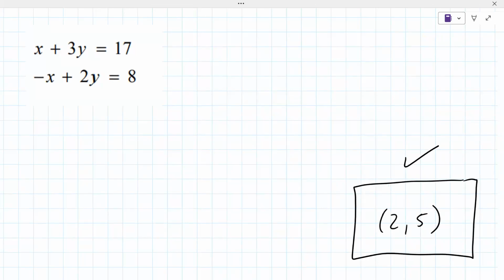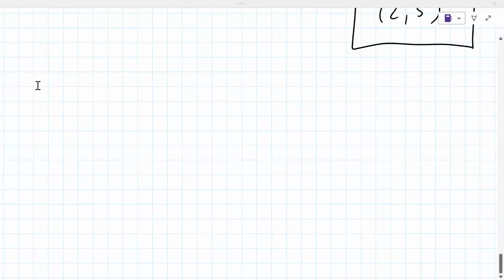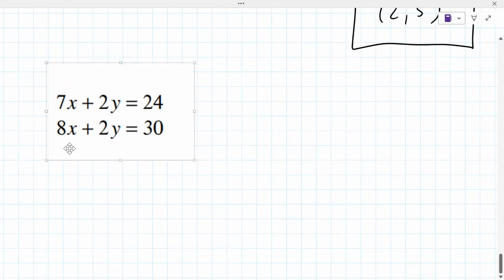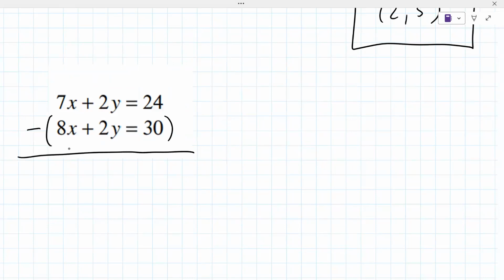So you mentioned it before, there are other ways to solve these equations. One of them, like you mentioned, is to subtract. And there are two different types of subtraction. I can literally just subtract. And then what some students do is they multiply one equation by -1 and then add.